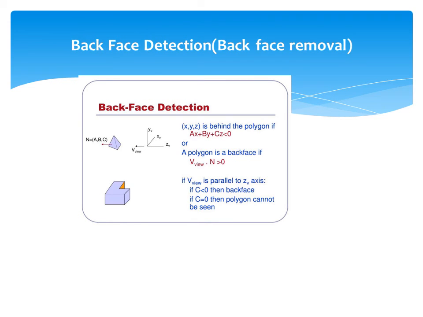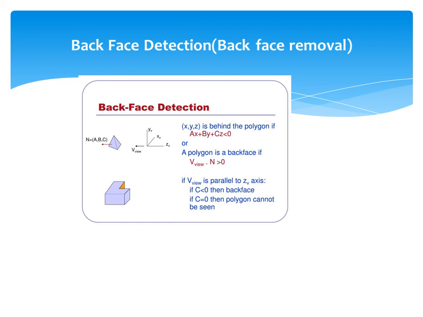Seeing this, you can recall the basic concepts of backface removal. In backface removal, only the visible part has to be stored. The hidden part has to be eliminated. To eliminate the hidden part, we have to find it out. To do that, we use the following equations.